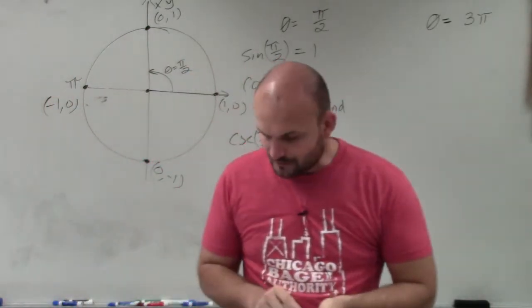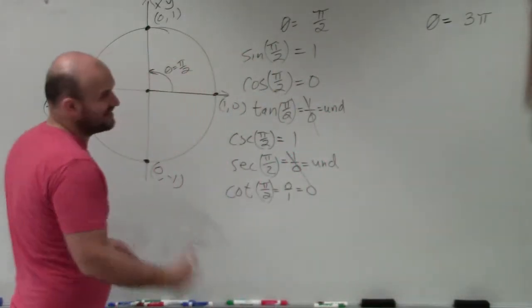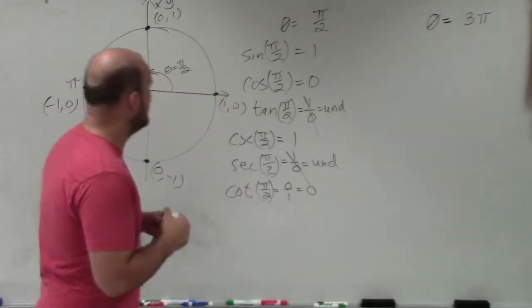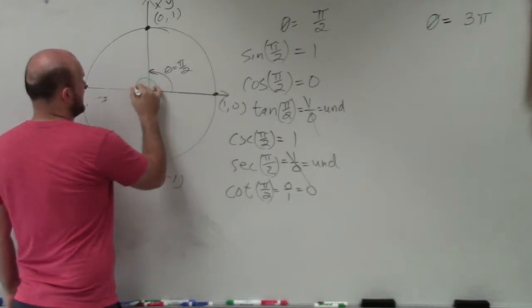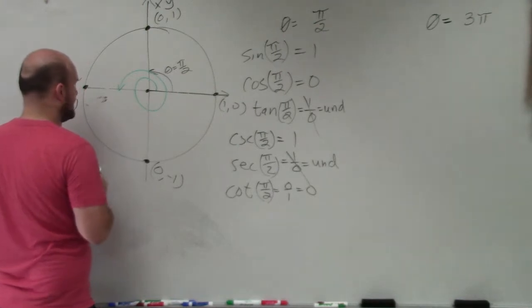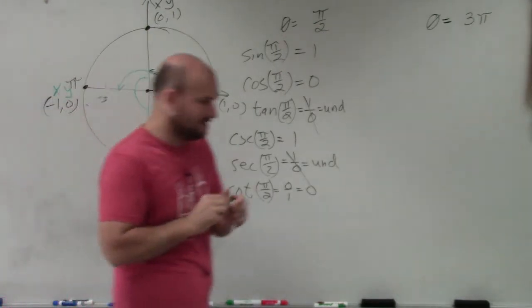I thought I'd have a little fun with 3 pi, just because I never did any where we had angles that were greater than 2 pi. But again, if we're going to be graphing here, over here is pi, over here would be 2 pi, and over here is going to be 3 pi. So now my coordinate point here is -1, 0.